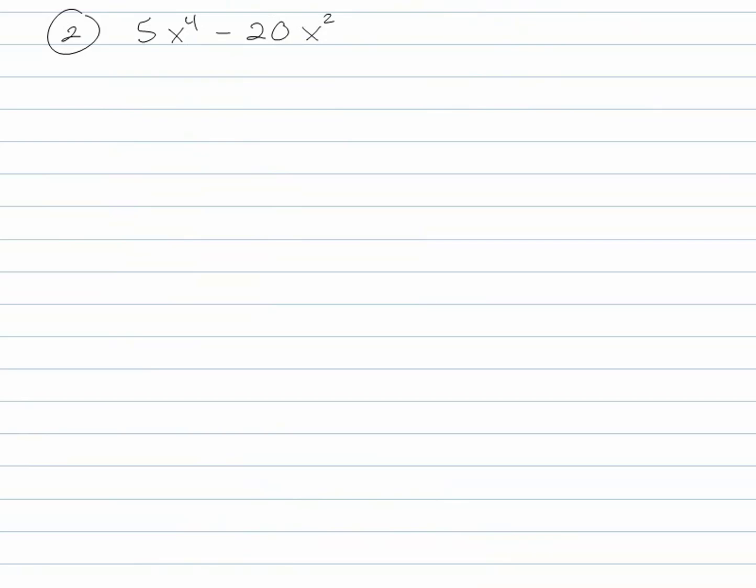This one, the first thing that you should do looking at this problem is say, well, these guys both have something in common. What they have in common is a 5 and an x squared. So if I pull those out, who's left? Out of the first term, I have an x squared left, and out of the second term, I have a 4 left. So at this point, you have to decide, am I done factoring, or is there more work to do? Of course there's more work to do.